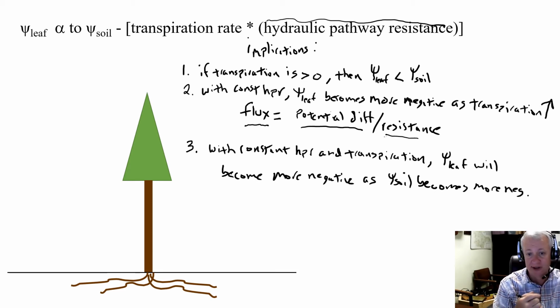The tree is rooted in the soil, and all other things being equal, will remain in equilibrium with the soil. So if these terms remain constant, then as this term becomes more negative, this term will become more negative. In other words, as the soil gets drier, as the tree remains in equilibrium with the soil, its water potential will become more negative as well.